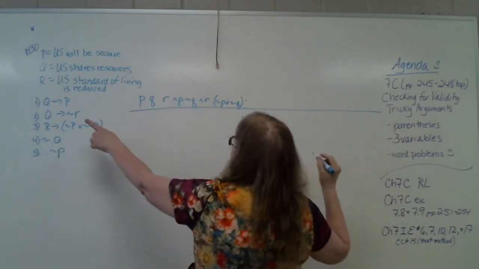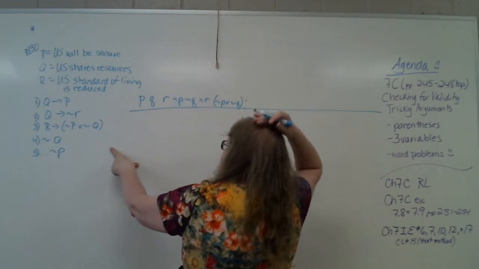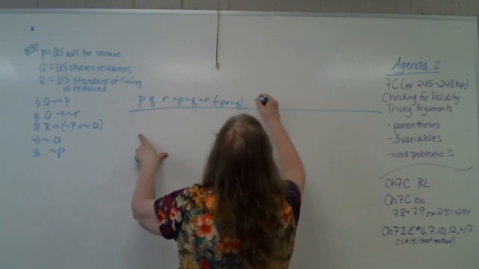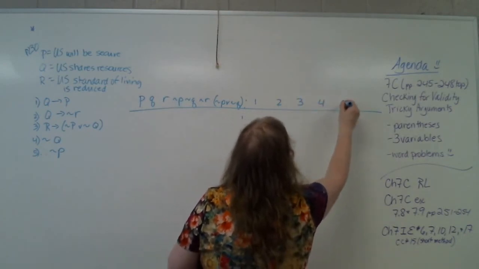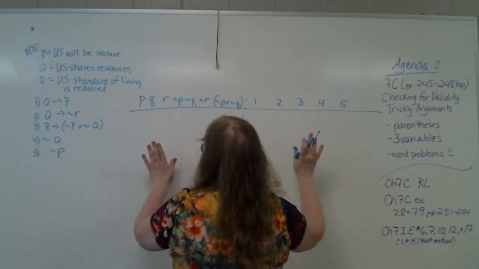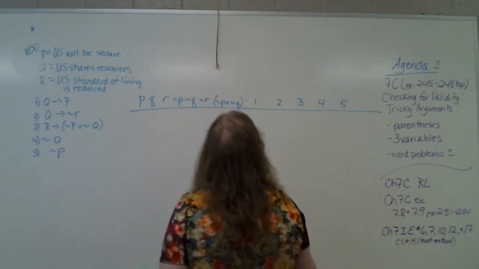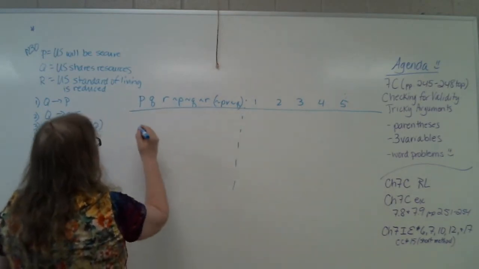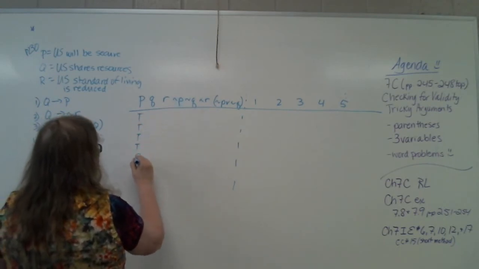Okay, so then I need 5 places here. Sometimes, if I run out of space, I will just go 1, 2, 3, 4, 5. I have them numbered here, I have them numbered over here. That's what I'm doing, because I have all my pieces like that, okay? So, make my thing up, same way I always do, half and half, 4 truths, 4 falses.